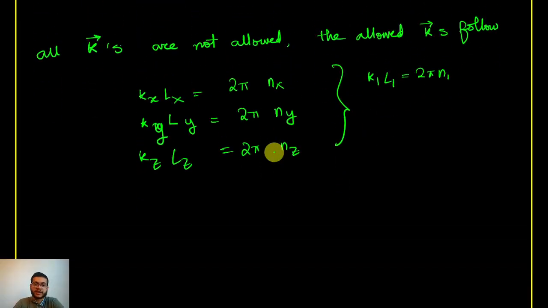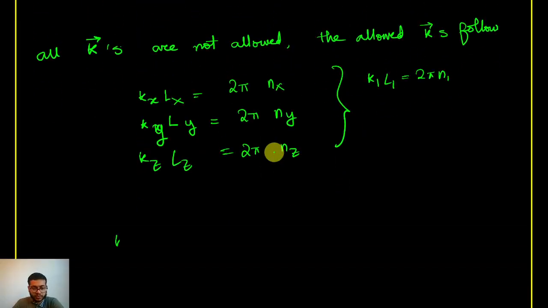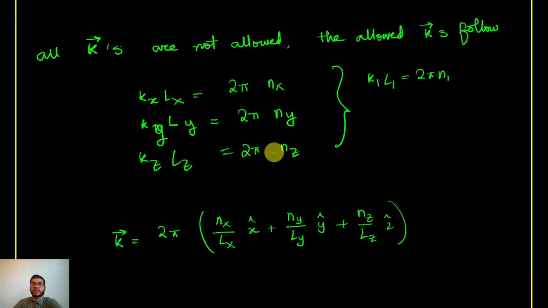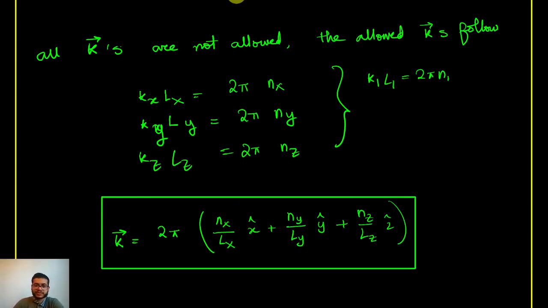In a more compact vector way, k equals 2 pi times nx by lx x cap plus ny by ly y cap plus nz by lz z cap. These are the k's allowed by the system, and the others would not be allowed. So basically what we get is a quantization of k.